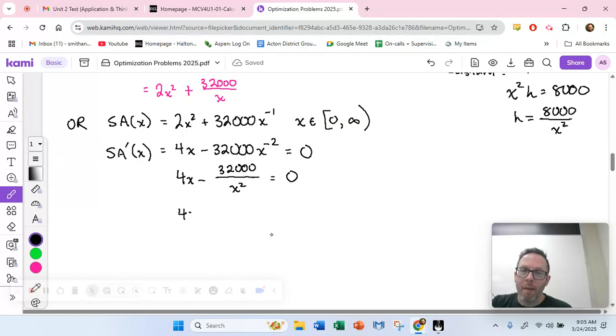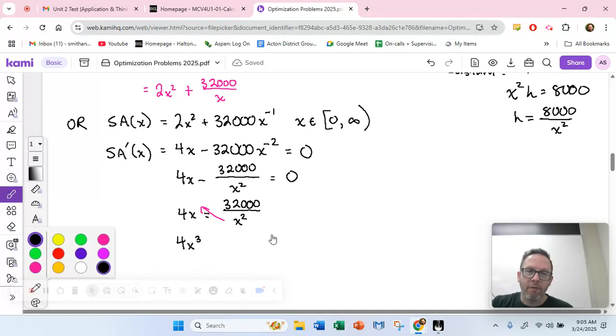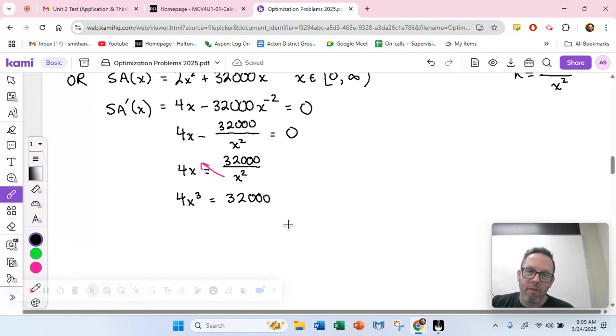I'll show a few steps here. We'll move that 32,000 over x squared term to the left. I've got lots of room. Just multiply both sides by x squared. You get 4x cubed equals 32,000. Now we can get x by itself using opposite operations. So x cubed is equal to 8,000.